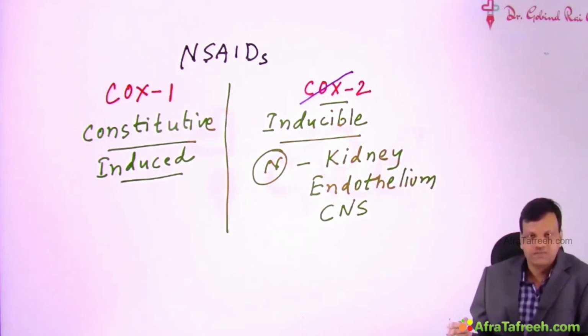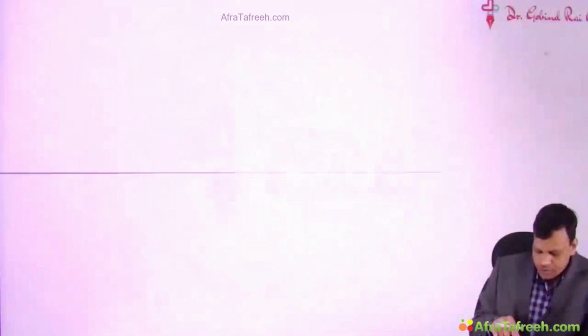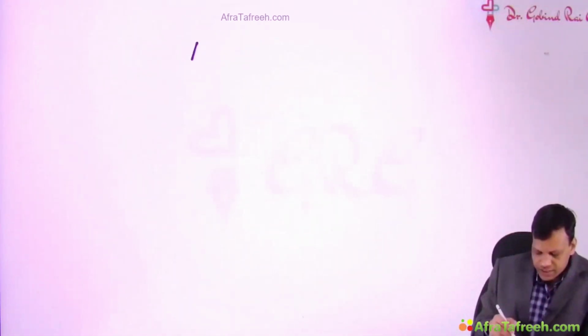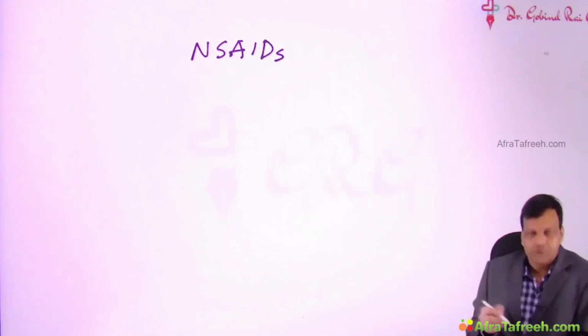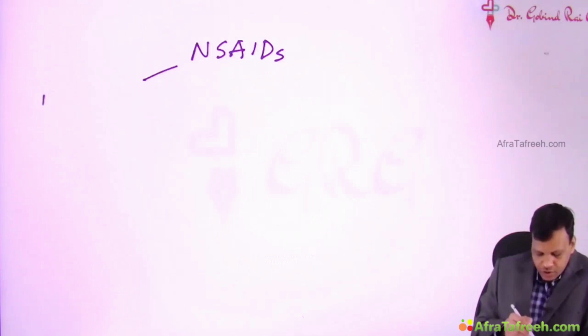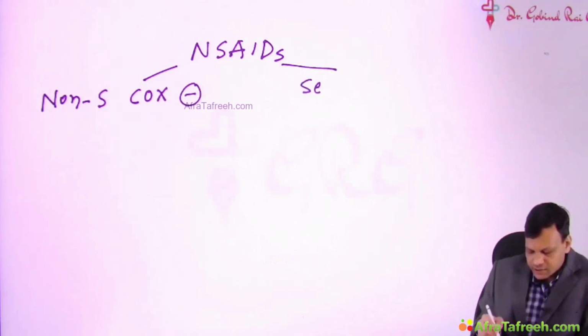But later on, we developed drugs which were selective COX-2 inhibitors. So non-steroidal anti-inflammatory drugs we can grossly classify into non-selective COX inhibitors and selective COX-2 inhibitors.